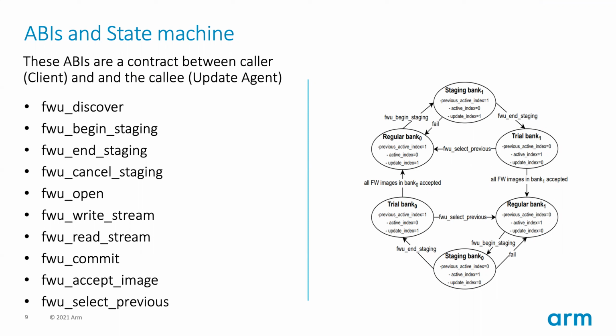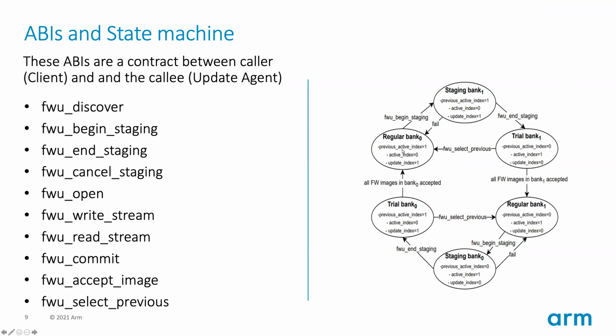Manish, just one question. You said the client is the one which will be interacting with the external world to receive the firmware images, and then the agent will be the one taking the data from this client. So is this update agent a secure entity or a non-secure entity? Here the update agent is running in the secure world.